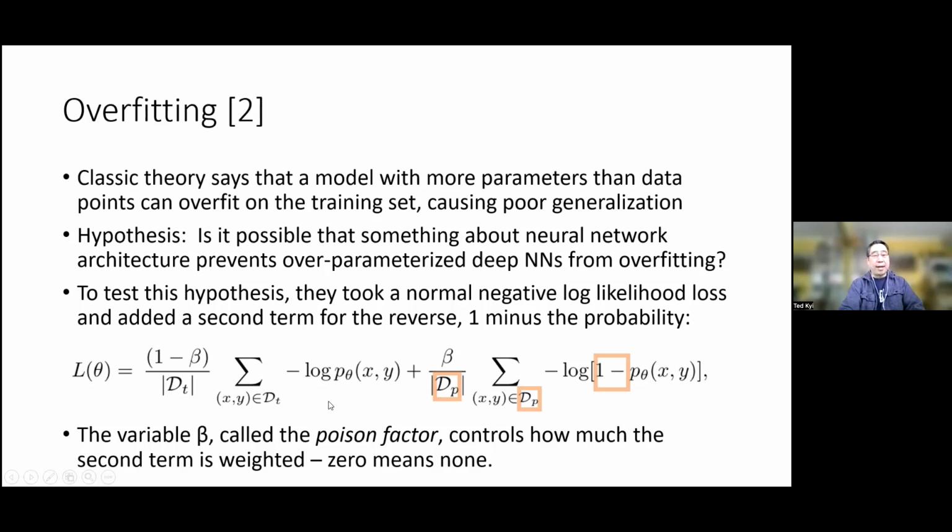As beta gets bigger and bigger, approaching 1, your loss function is almost all based on getting the parallel poison examples wrong, and the training examples get so far downweighted.